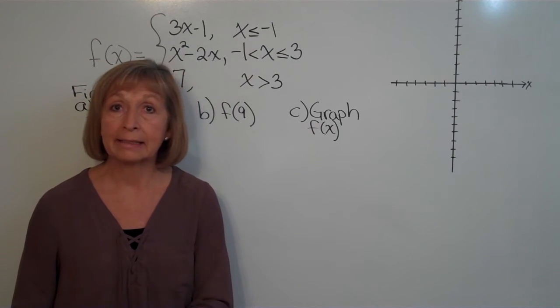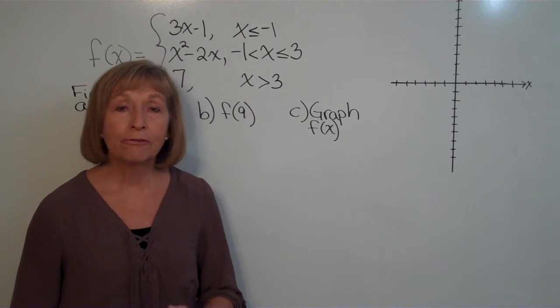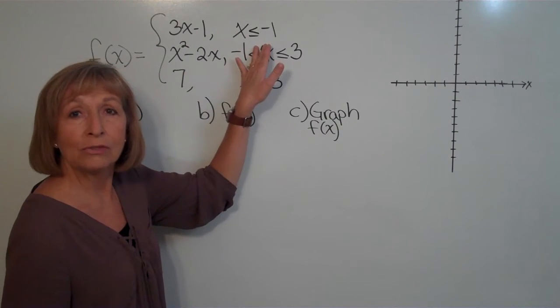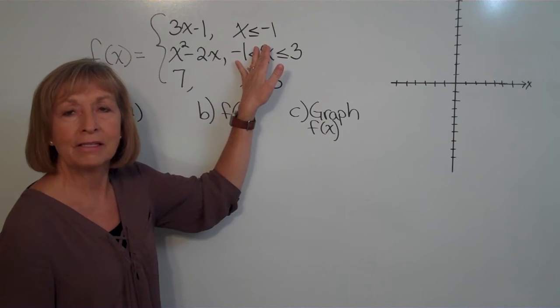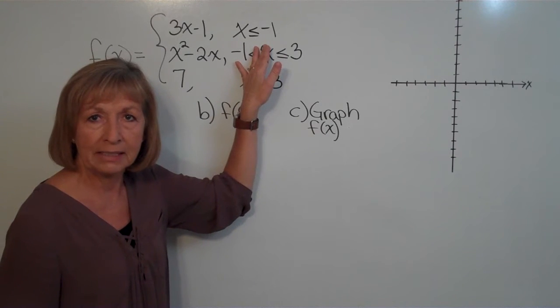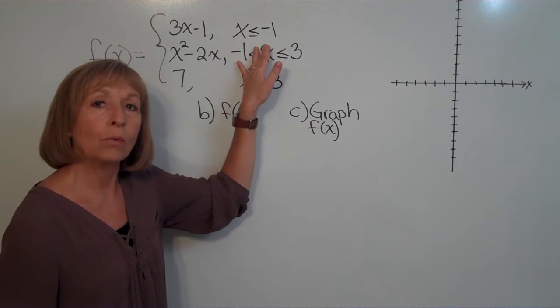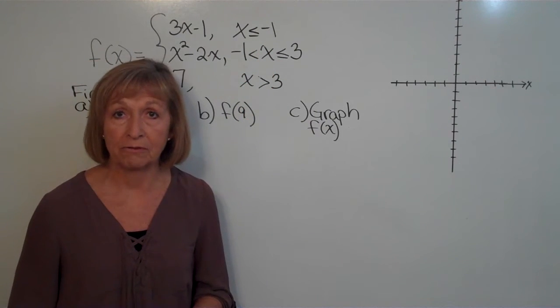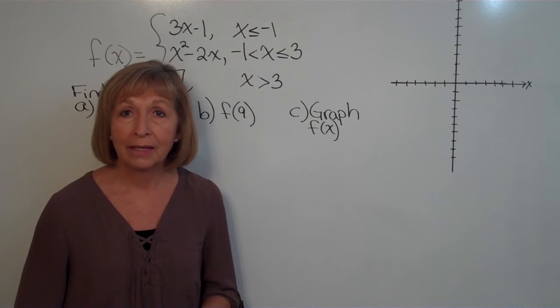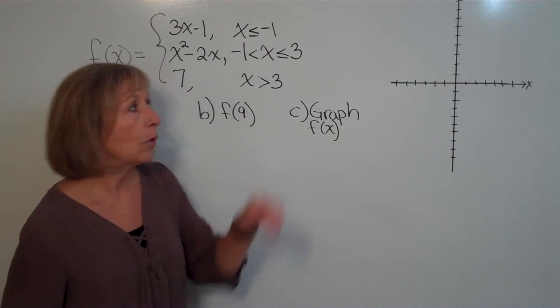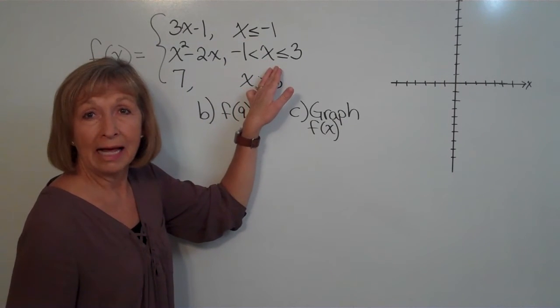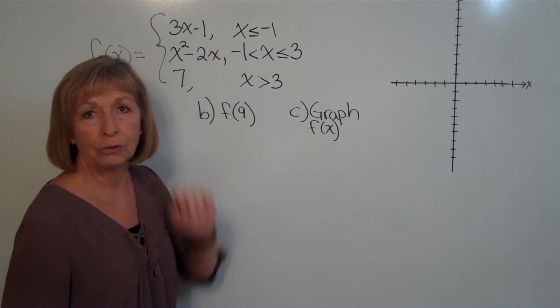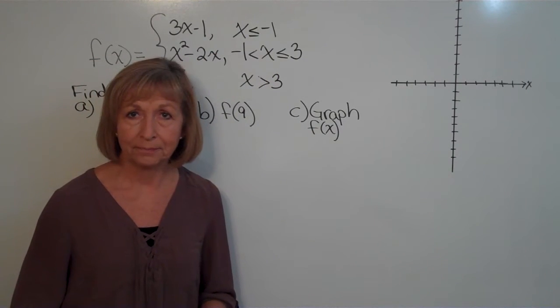So the thing about this is when you're trying to ask yourself, how am I going to evaluate the function at a given input, the first thing you have to look at is this right end of the definition of each of the pieces and find out which one of these includes the input that you're supposed to find the function value for. And then once you find out where your input lies, then you know what rule you would use to get the output there.